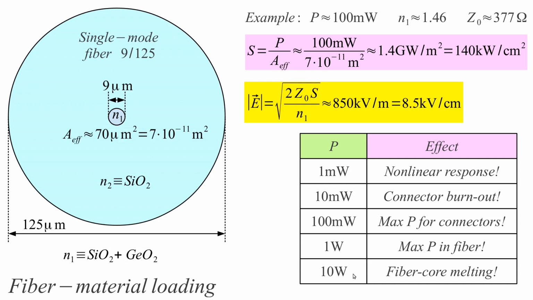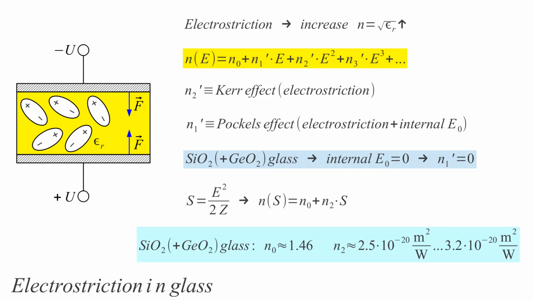Let's see now what non-linear effects we can expect in our dielectric. The main common point of all non-linear effects is electrostriction. Electrostriction is actually the square effect, proportional to the square of the electric field, because mechanical forces are proportional to the square of the electric field, and when we squeeze the material, the electric constant will increase.